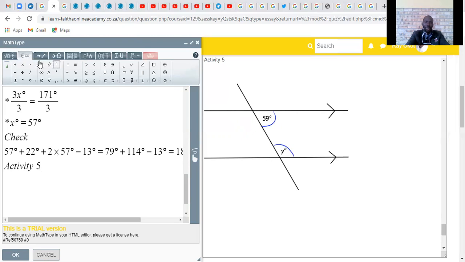These angles, y in degrees and 59 in degrees, are same side interior angles.